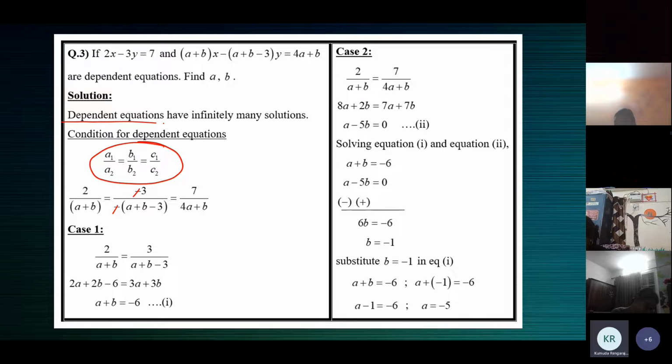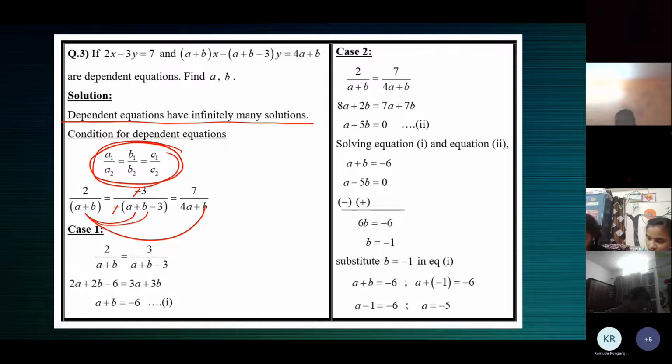We know that dependent equations have infinitely many solutions. So this is the condition for dependent equation. Substitute. Then equate these two, get an equation. I've equated these two and these two. 1 and 2, 1 and 3. Then you get two equations, solve them to find the values of A and B.